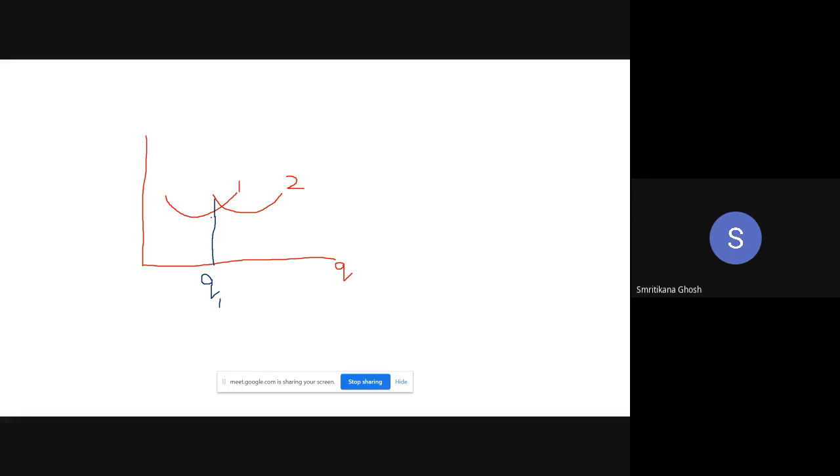And after that, if I am asking you to produce Q2, you will choose the second curve, because here your average cost is less. So what you are actually doing is you are just choosing, you are moving.